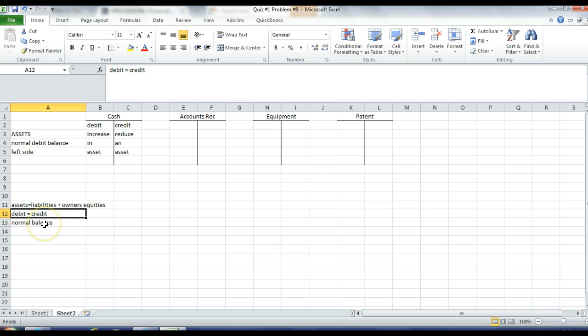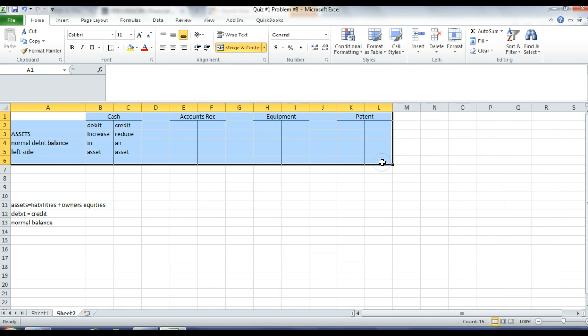Now, that doesn't mean that we don't credit assets and we don't debit liabilities, but the normal balance for assets would be a debit, and the normal balance for liabilities and owner's equity will be a credit, okay? This is just a really important concept to grasp.